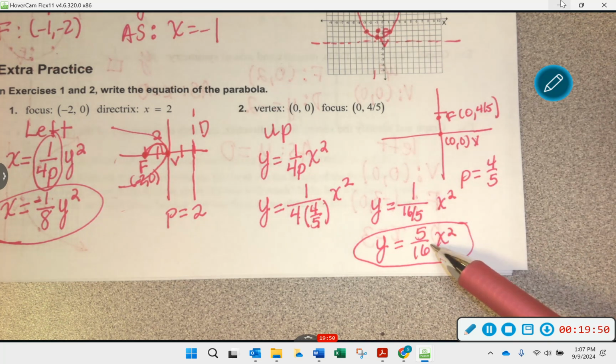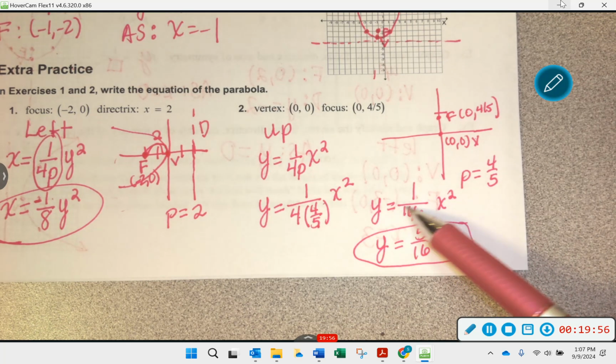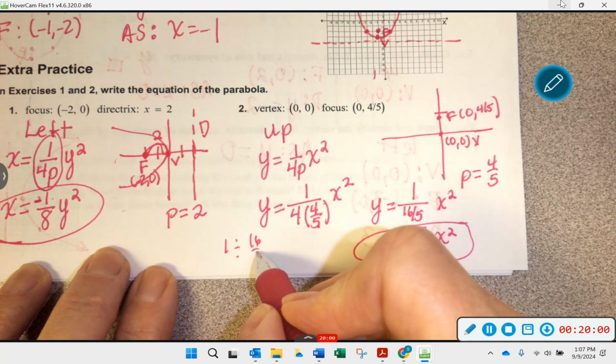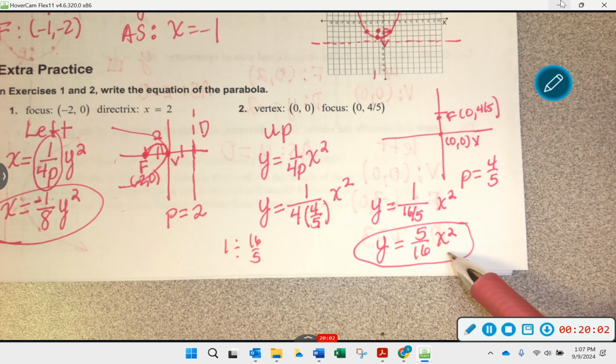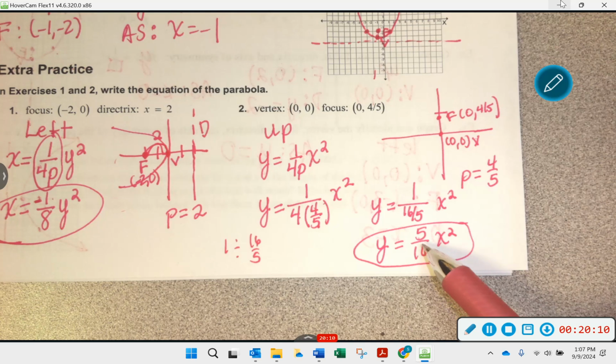How is it that this is the same as that? What are we doing here? What's this bar mean? Do you know what 1 divided by 16/5 is? Don't we copy, change it to multiplication and flip this? That makes sense now, why we would put that answer?